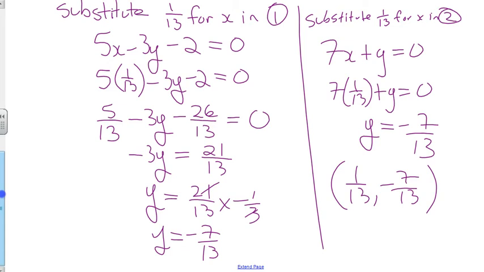What's your question? Okay, so what's the difference between 1 and 2? Can you do it in either, or does it have to be 2? Because it's the same, you get the same y value. What's the difference? 6 steps compared to 1. Good chance to make a mistake. You've got to change 2 into 26/13. You have to add negative 26/13. You've got 5/13 minus 26/13 that you have to work out.